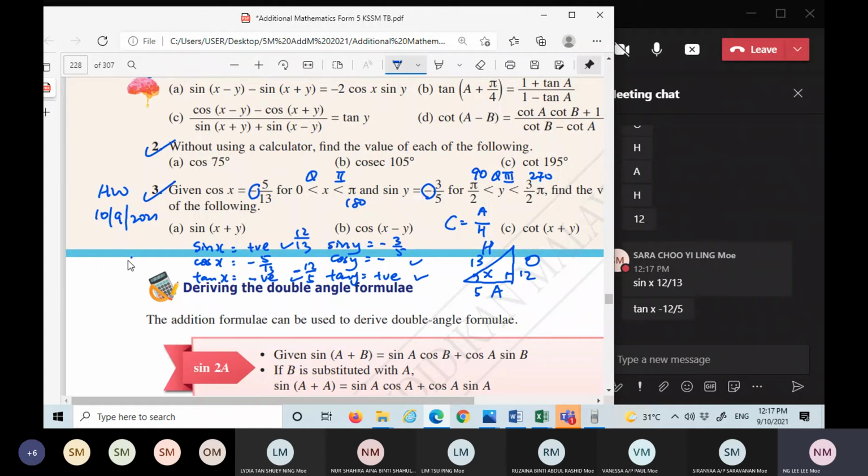I have drawn it here already, y. I label it for you. This is opposite, this is adjacent, this is hypotenuse. Okay, next go.